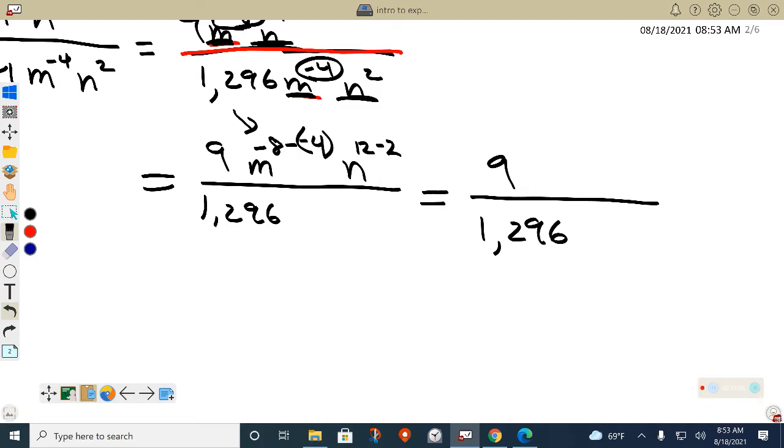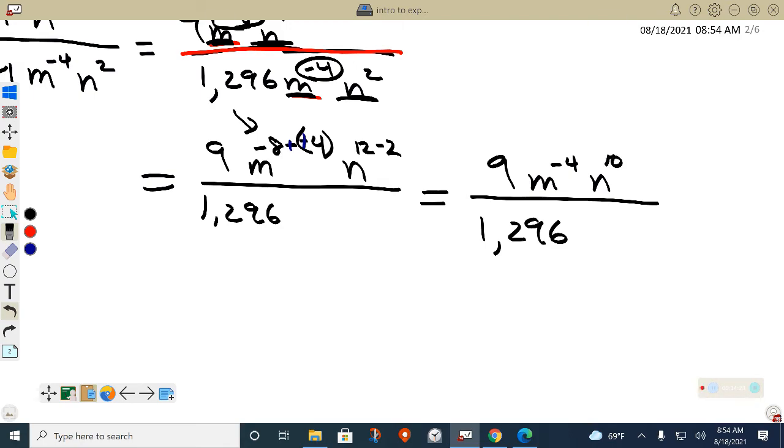What's negative 8 minus a negative 4? Oh, wait. It's negative 4. Nice. Because this is a plus plus here, so you have a double negative, so it's really negative 8 plus 4, which is negative 4, huh? So m to the negative 4th and n to the 10th power.